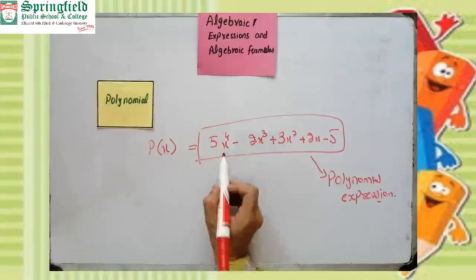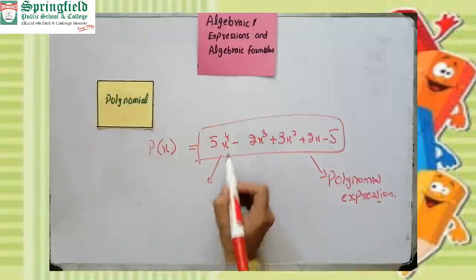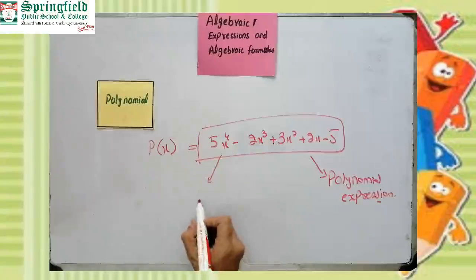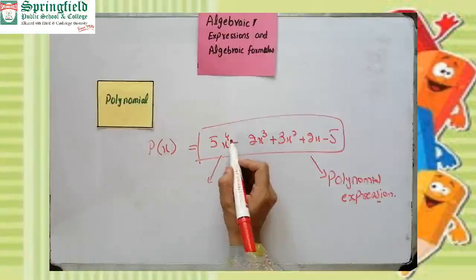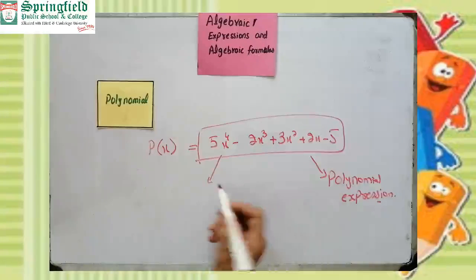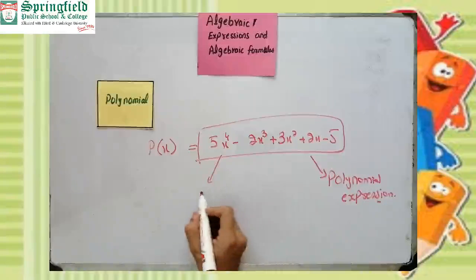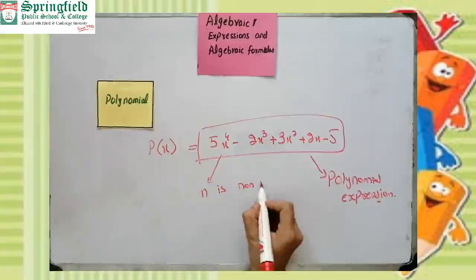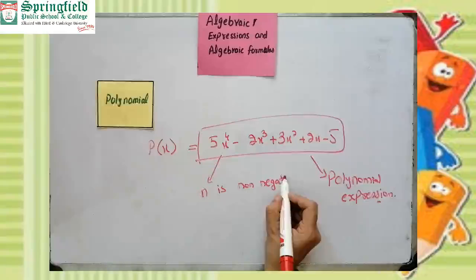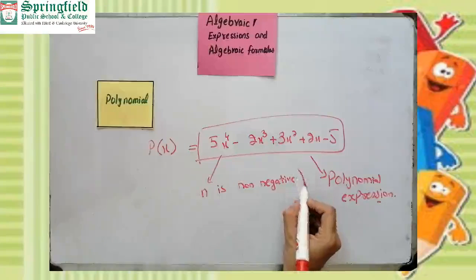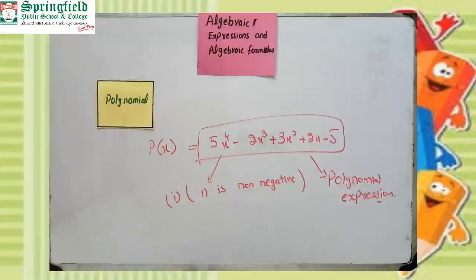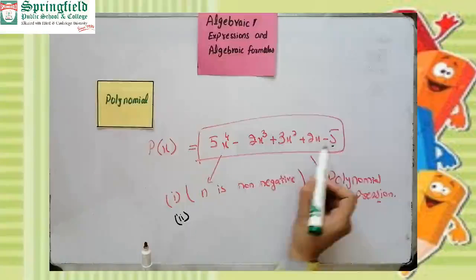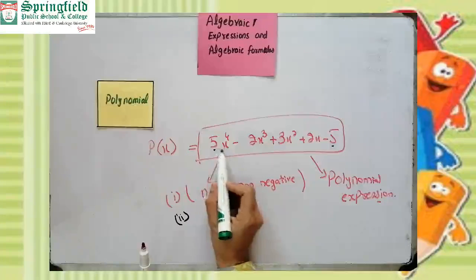Why? Keep in mind that the power or index of x is denoted by n. The first condition is that the power n is non-negative, and the second condition is that the last term, the coefficient of variable x, is not zero.